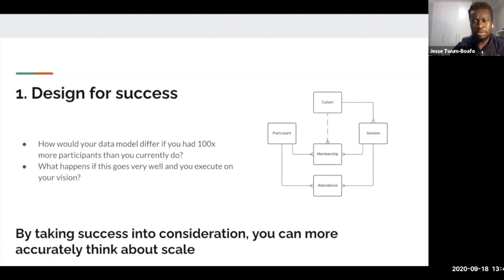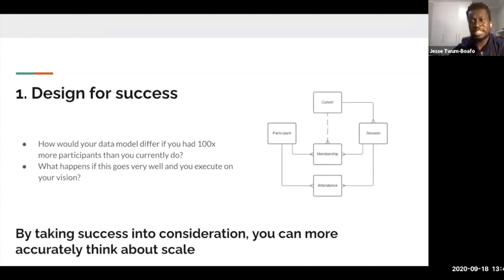When you think about the actual data model that you're working on, it's important to not just think about today and what makes sense in the context of today, but think about tomorrow. Think about what if what you've designed leads them to success? What if it takes them to the next level? Then does your data model make sense at that point in time, or does it need to adapt? Do you need to think about a different way to do something?